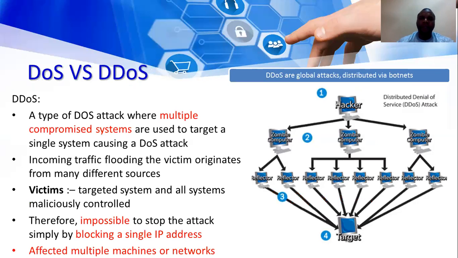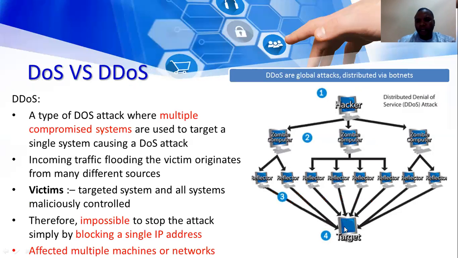Don't be confused. Let me try to explain this. Let's look at this diagram here. You notice that this is the hacker, the attacker in this case. And the attacker is trying to gain access to this machine. Look at machine 4. This is the target machine.